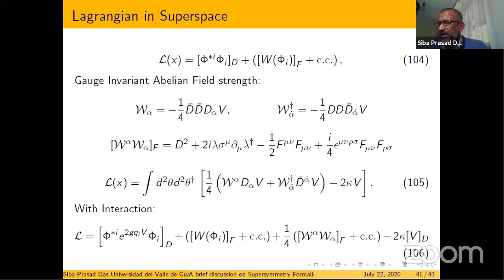Those are the tree-level term, first order term, second order term, third order term. So this first term basically takes care of all possible interactions: tree level, 1 loop, 2 loop, 3 loop. So this is my whole Lagrangian of my supersymmetry: chiral, vector, and chiral plus vector interaction. Yeah, and I think I'm okay with that.